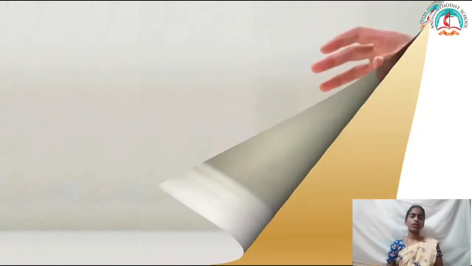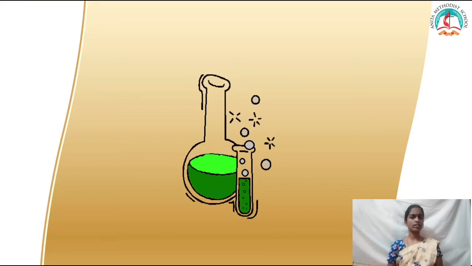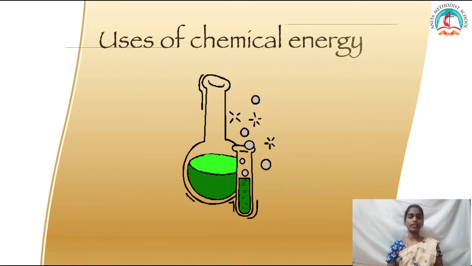It is because of the chemical inside the vinegar that turns the egg into a jelly kind of structure. So through all these live experiments, I hope you got an idea about what is chemical reaction. So now let's see about the uses of chemical energy.